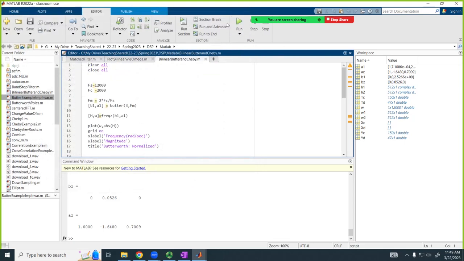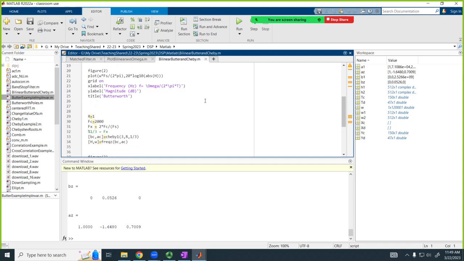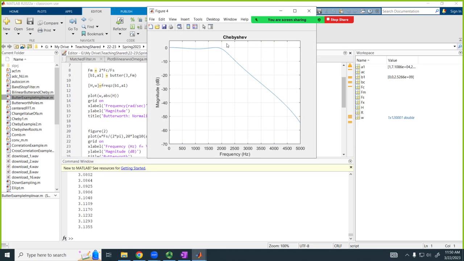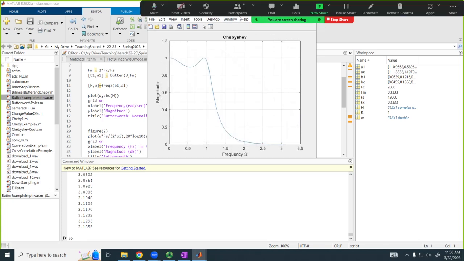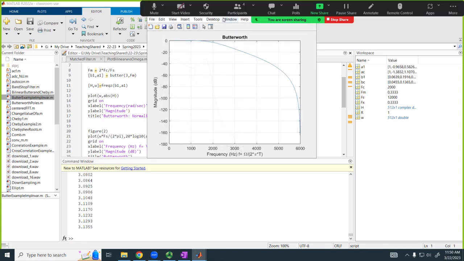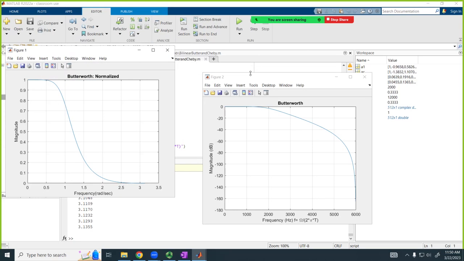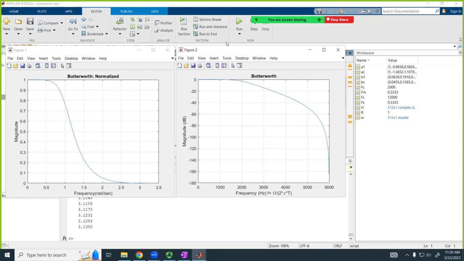Okay, so this is our example. We didn't do the Chebyshev, so we're just going to get rid of this for now. So this is our Butterworth, the normalized, and this is our digital filter.